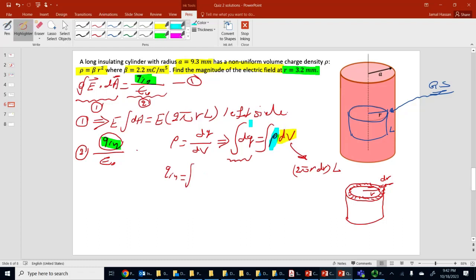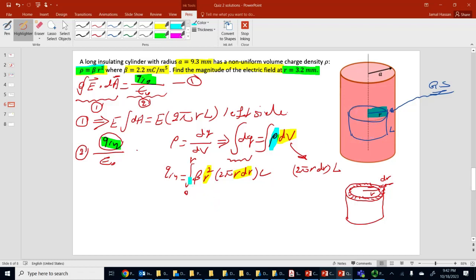We know that ρ is given by this equation, so you need to substitute that: ρ is equal to beta r squared, and our dV is 2 pi r dr L. The integration is with respect to r, so we have r squared times r, which is r cubed. The limits of the integral are from 0 to small r, because we are trying to find the Q inside this cylinder.